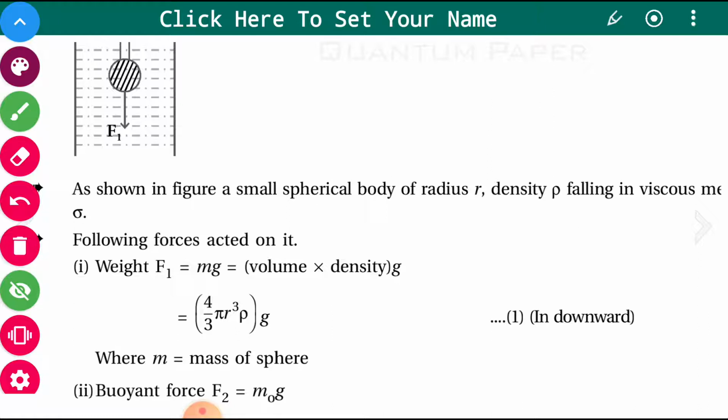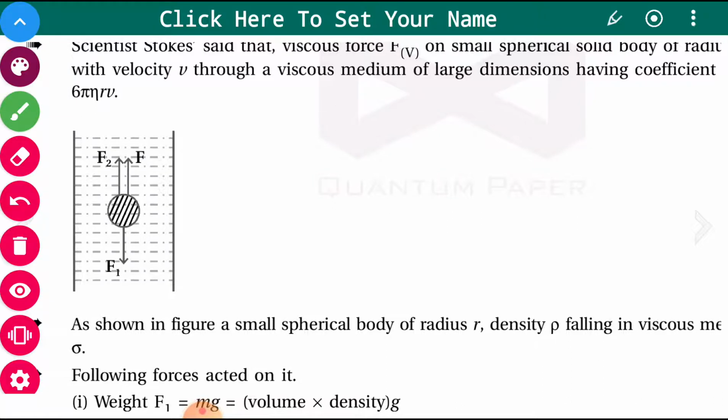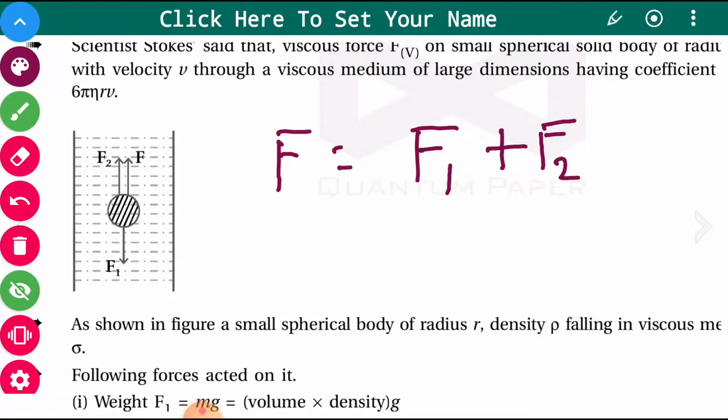Now if you consider the equilibrium position, the force due to viscosity, that is the viscous force, is shown here by F. This F is equal to F1 plus F2; rather, this is a vector sum.